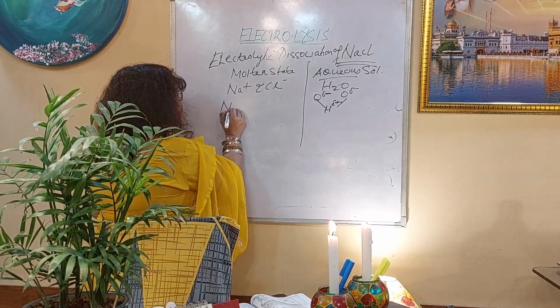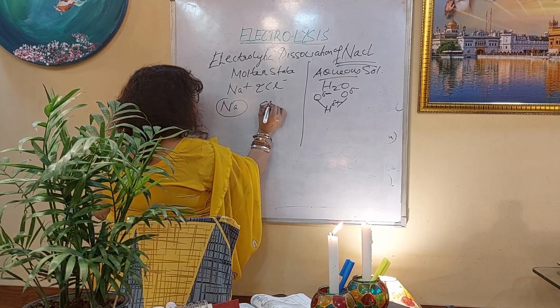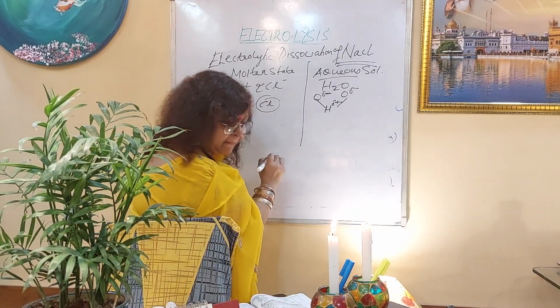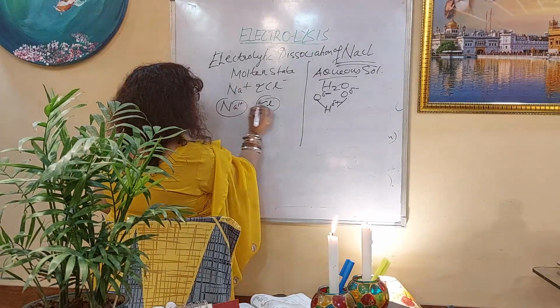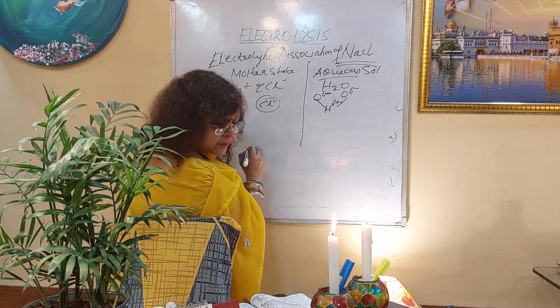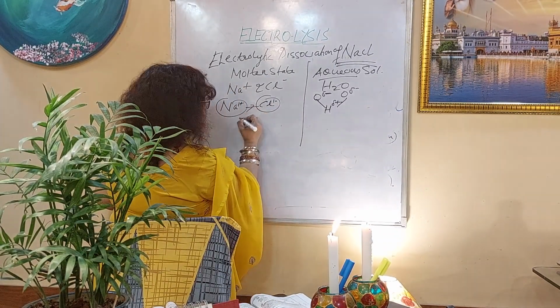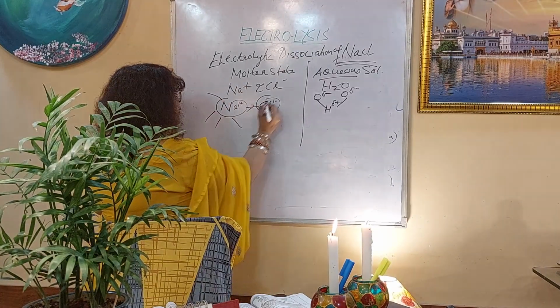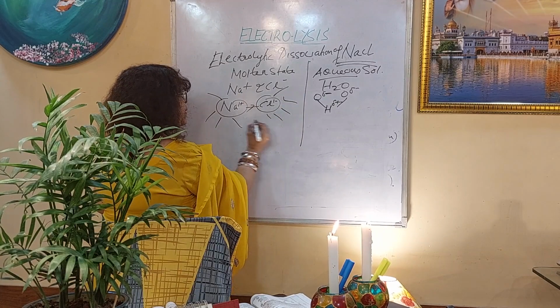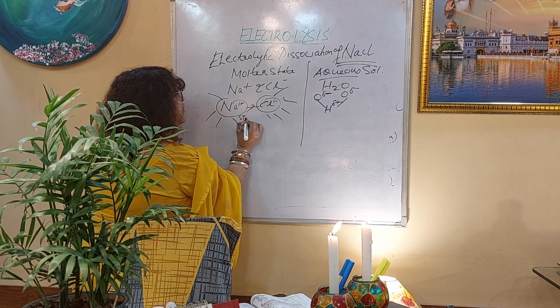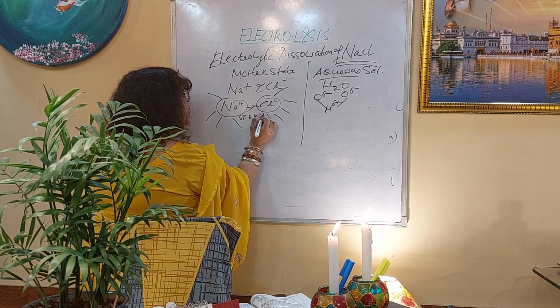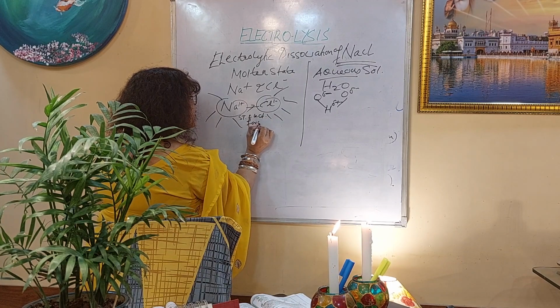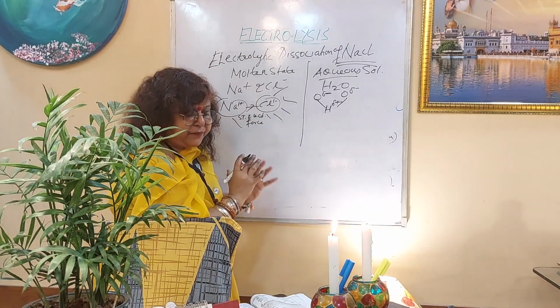That diagram you should draw here. NaCl, Na plus, Cl minus. Here you should write very strong electrostatic force.